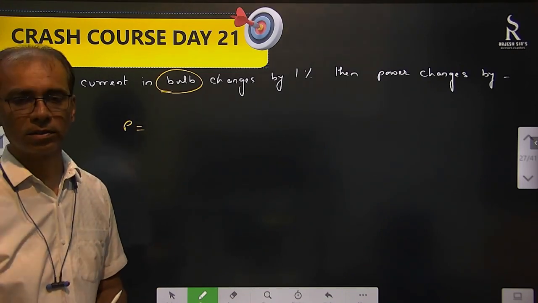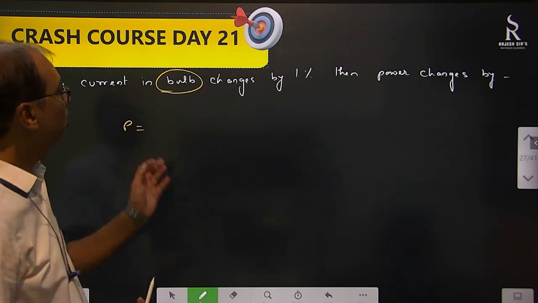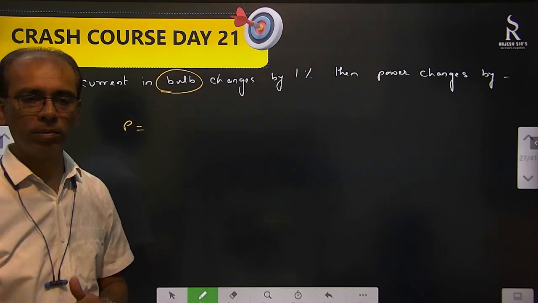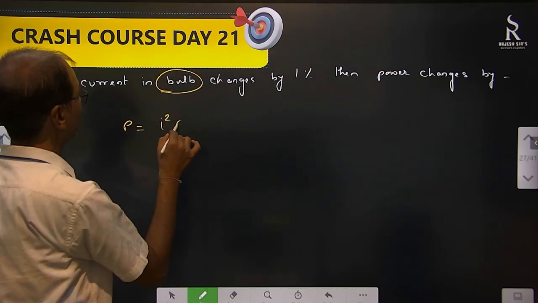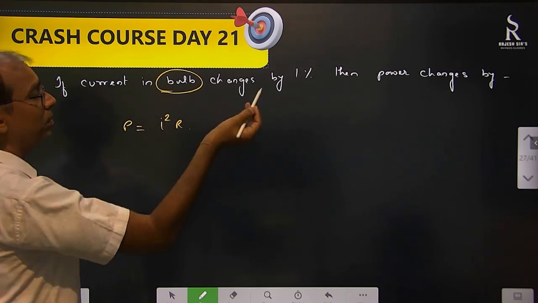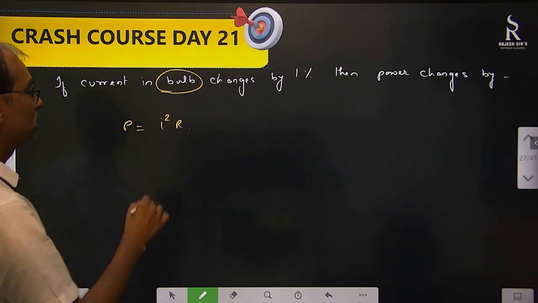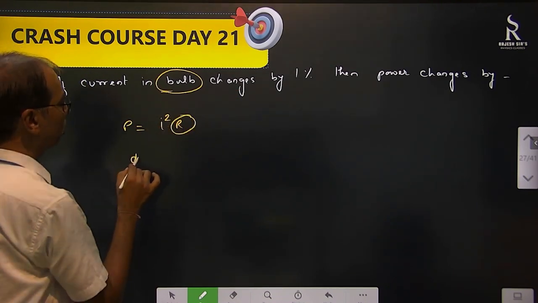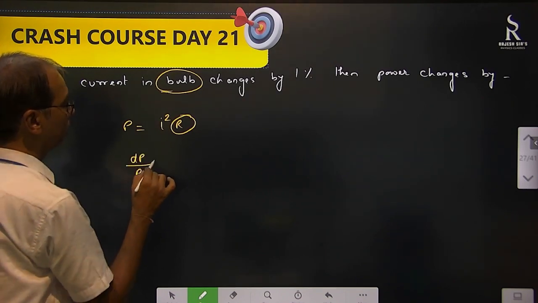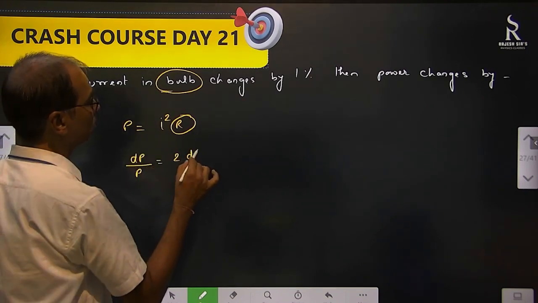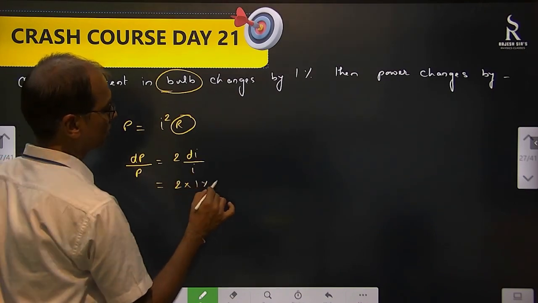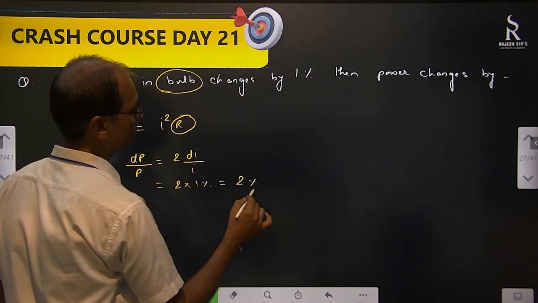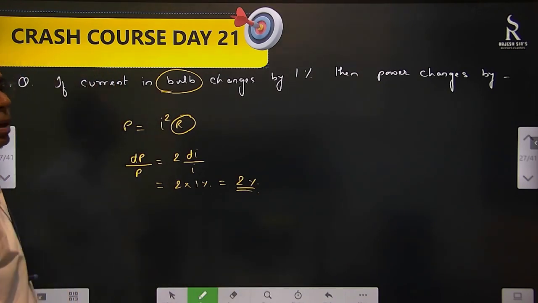So P is I square R, and the question is also asking that only. If current changes, then power changes, and resistance is constant. According to the error formula, dP by P equals 2 dI by I. 2 into 1%, so the answer is 2%. Power changes by 2%.